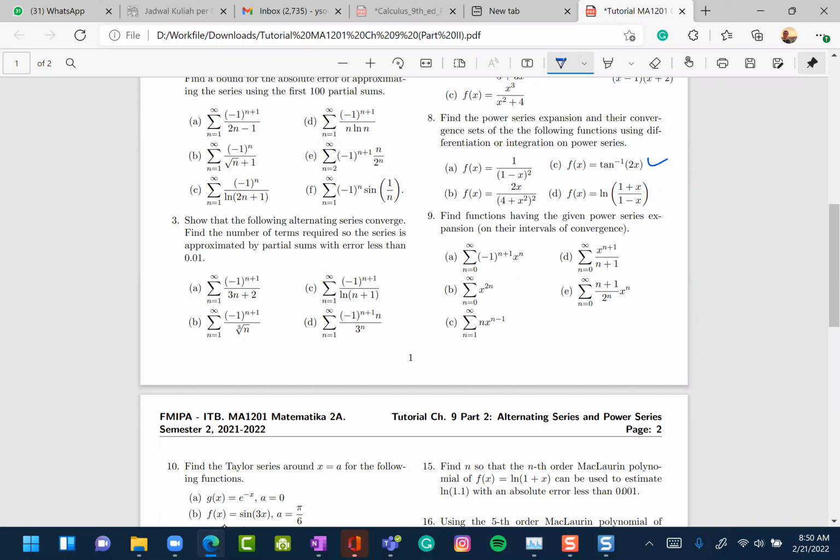Let's see just one more example from problem 9. Right. Problem 9, this is problem D, for example.